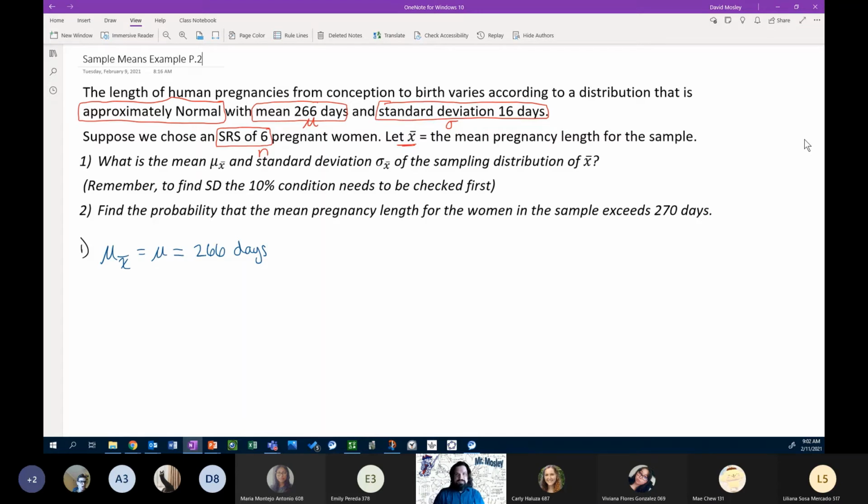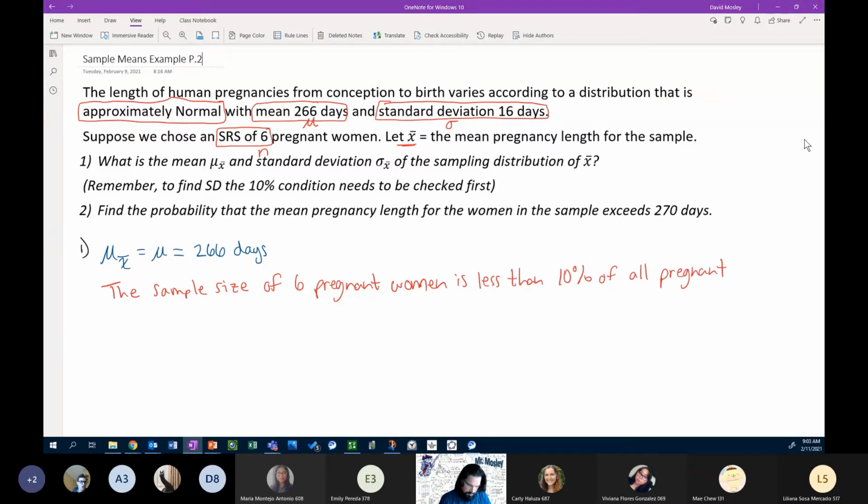And again, this seems kind of unreasonable, but it absolutely is reasonable and necessary to say that the sample size of 6 pregnant women is less than 10% of all pregnant women. We just have to say it.